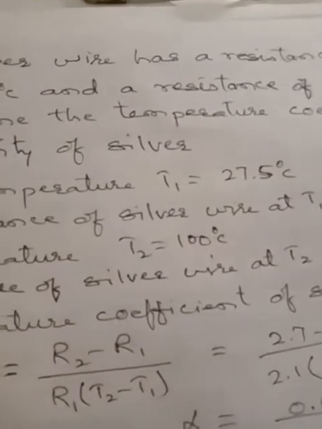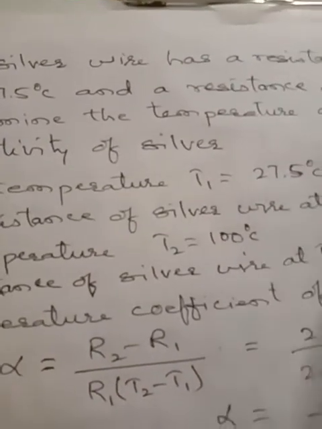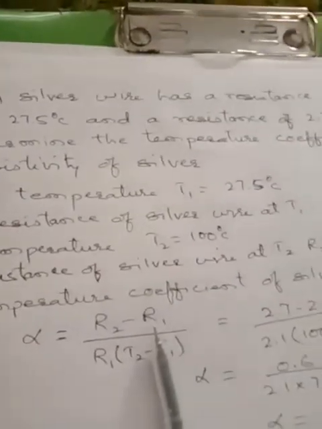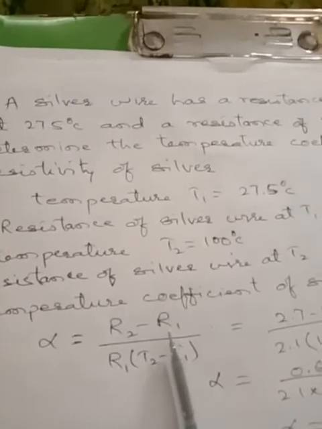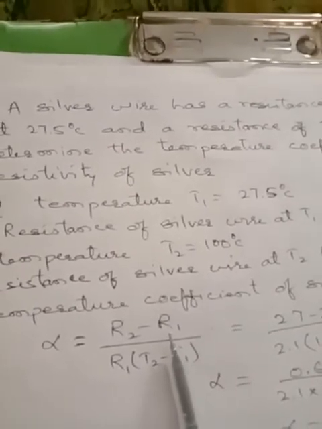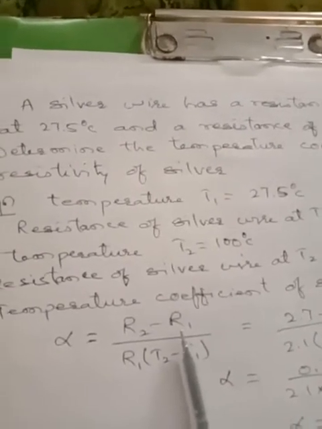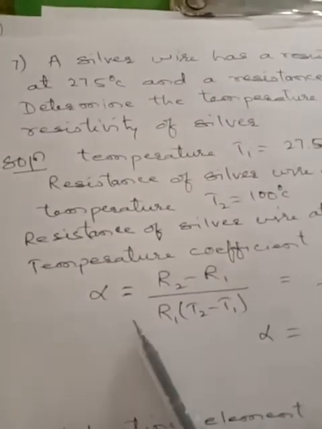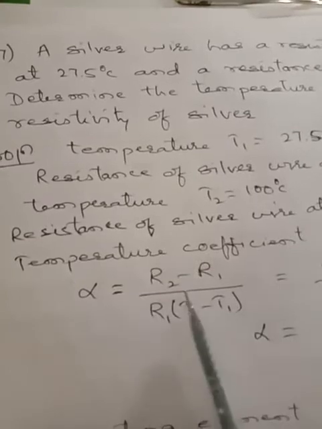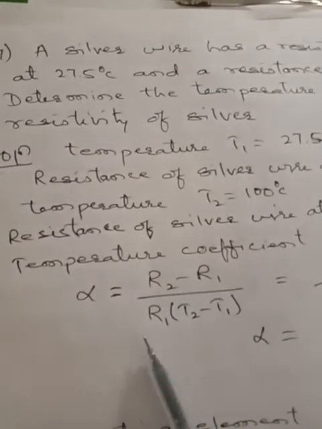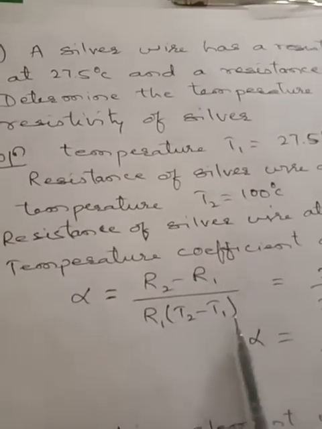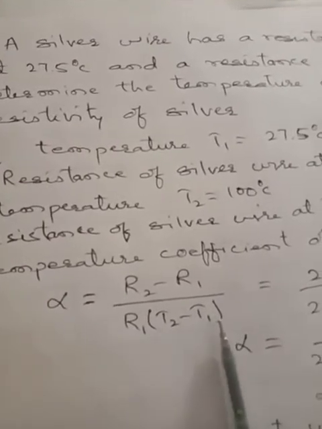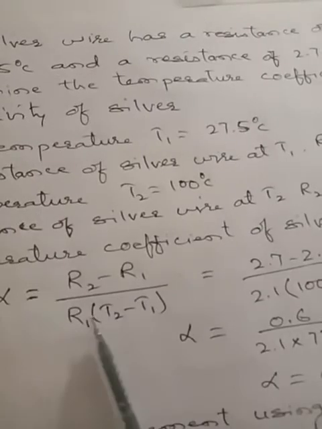Clear? So these values we are getting from the question itself. First we have to understand the question properly, then write the given data, and after that write the formula. So the formula here for the temperature coefficient is alpha is equal to (R2 minus R1) divided by R1 into (T2 minus T1). So this is the formula for alpha.